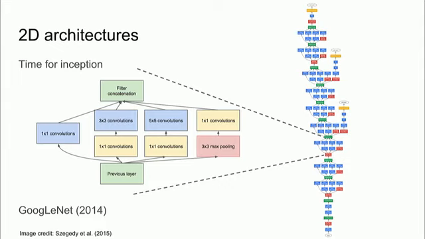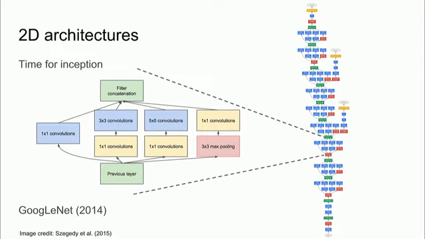Not only does this reduce the dimension of your features at each module, but they are also beneficial from a representation perspective. And then you might ask me, why is this called inception?